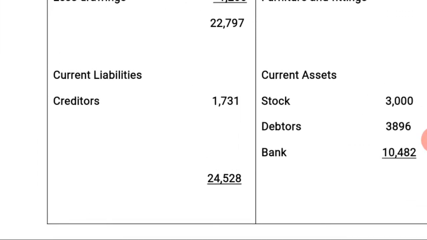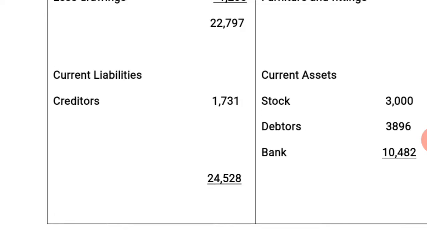You had the capital employed of 22,797 naira to the current liabilities of 1,731 naira, which was carried creditor. You arrive at 24,528 naira.